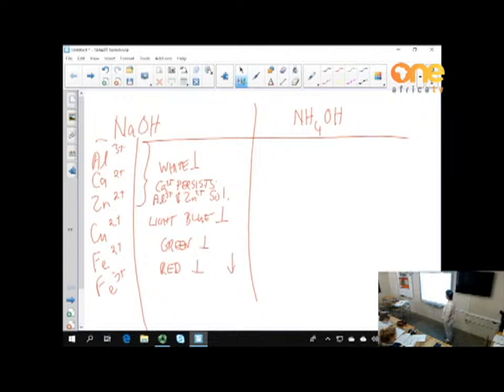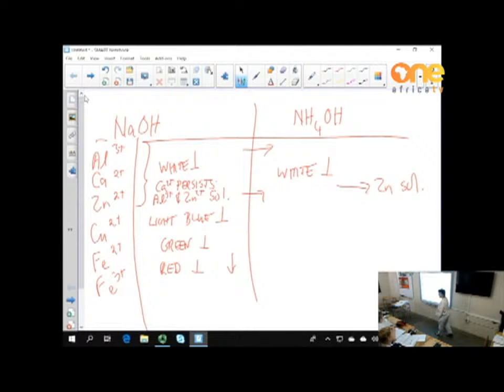All right. Then we said there's a second set of tests that we can do because this test does not distinguish between aluminium and zinc. Okay. So to distinguish between aluminium and zinc, we will get a white precipitate. On excess, which one dissolves? Okay.